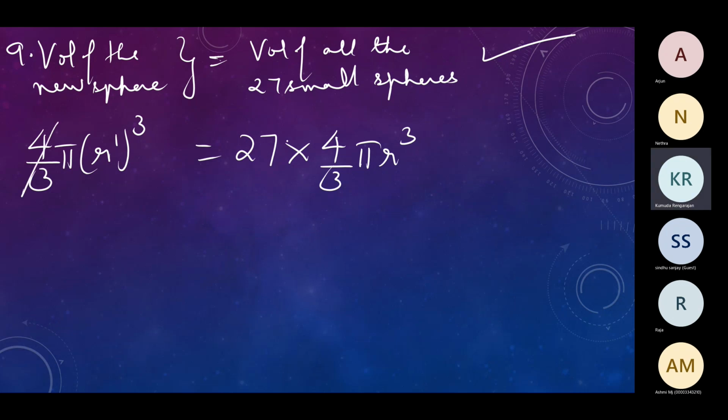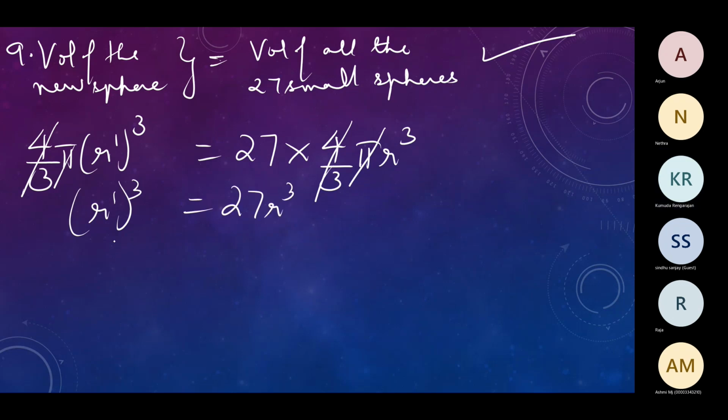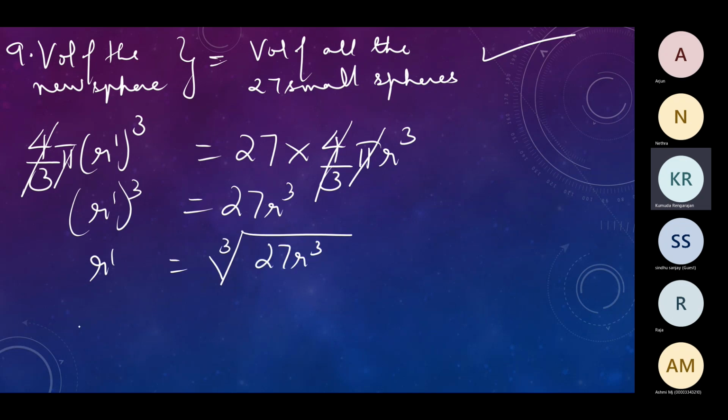Now on either side, 4 by 3 gets cancelled. Pi and pi get cancelled. And we are left with r dash cubed is equal to 27 r cubed. So r dash is equal to the cube root of 27 r cubed. So r dash is equal to 3r.